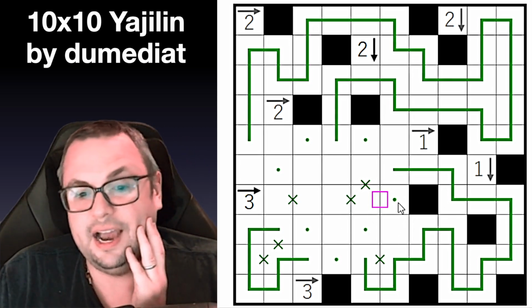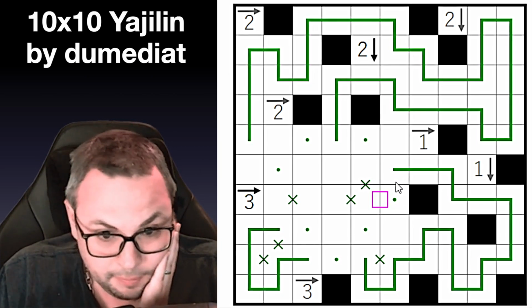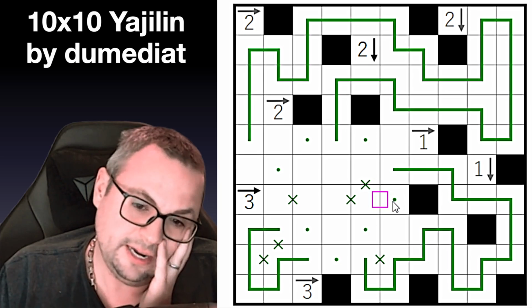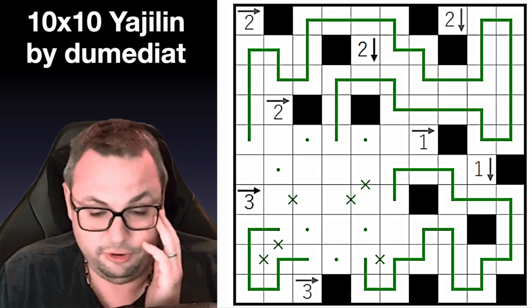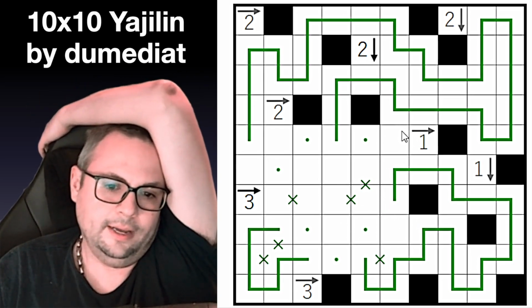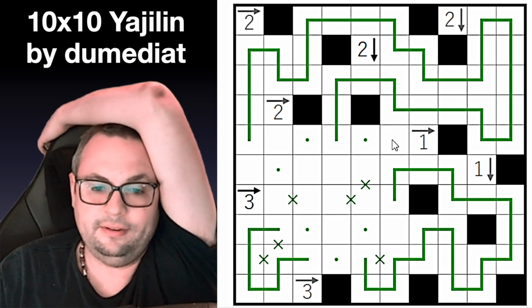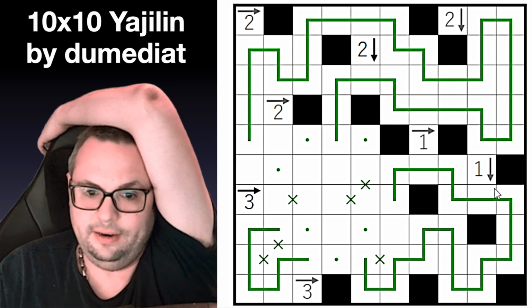In other words, it's not possible that this loop doesn't connect up. If this loop doesn't connect up, then we immediately create a mini loop. And that does have the bonus that now this cell is sitting at a dead end. So that cell is shaded.